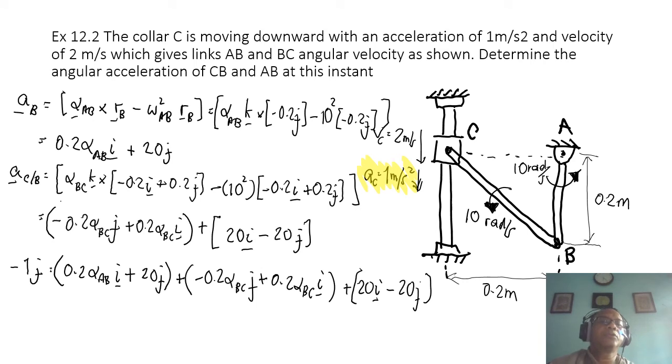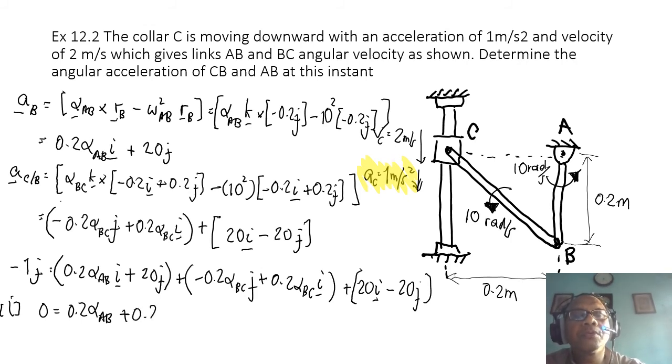So we'll solve the I component first. 0 equals 0.2 alpha AB plus 0.2 alpha BC plus 20I minus 20J, yep.